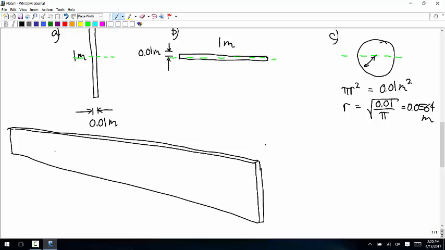So this is 0.01. This is just A. This is 1 meter, and then this is something that's not given in that cross section.